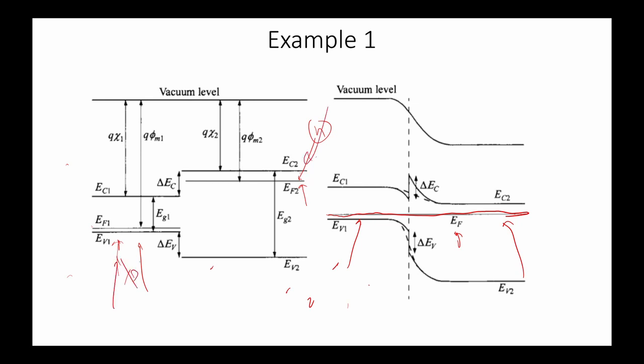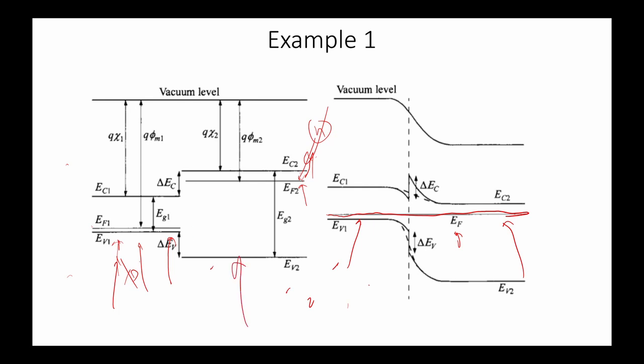So the bands will bend at the interface accordingly. The more the doping, the lesser the band bending and the lesser the depletion region width. So the depletion region width on this side will be lesser than that on this side.